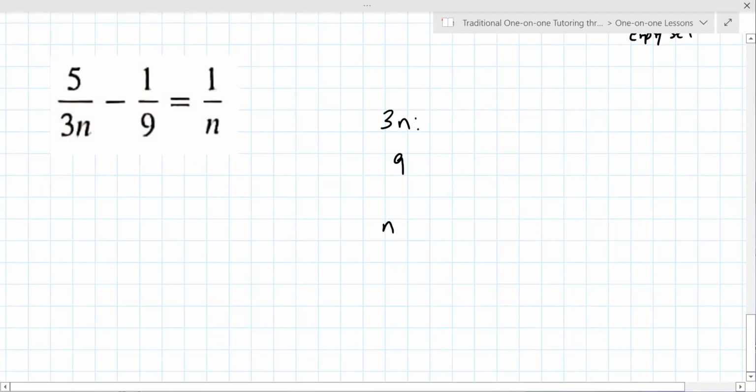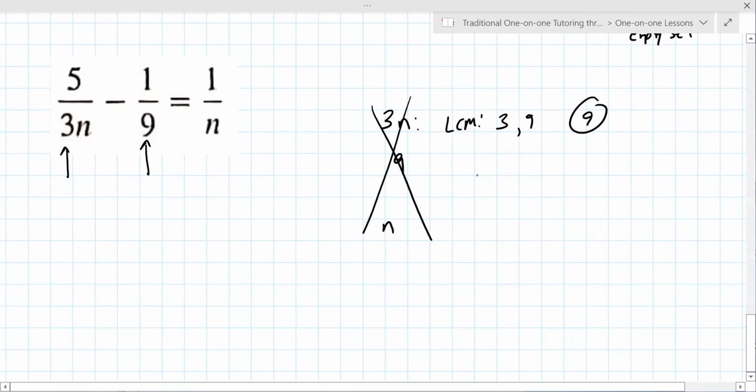Now you could multiply them all together, but you don't do that. You first look at the numbers. What is the least common multiple between 3 and 9? It's 9. Now between n and n, it's n. So when you group these together, it's 9n.